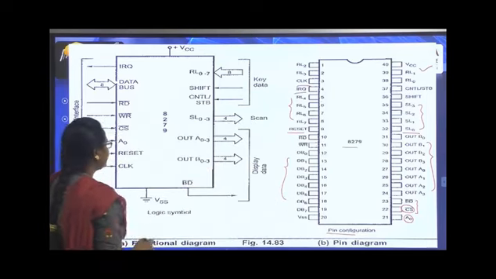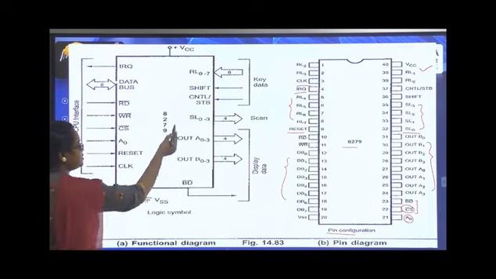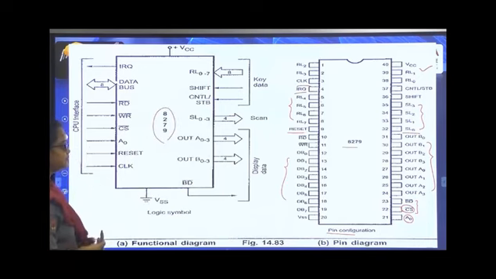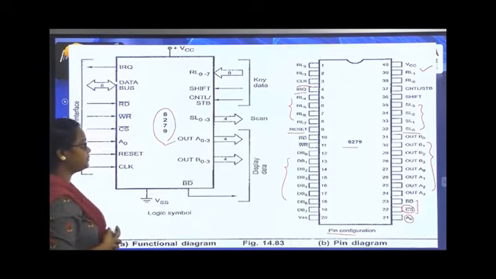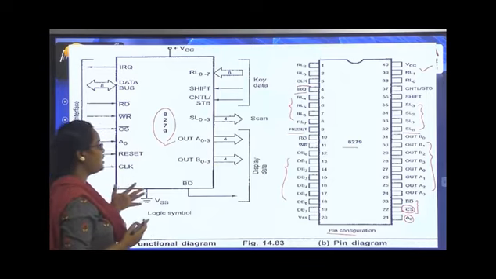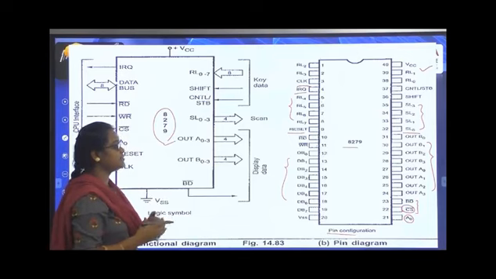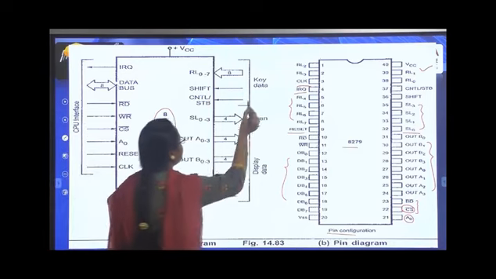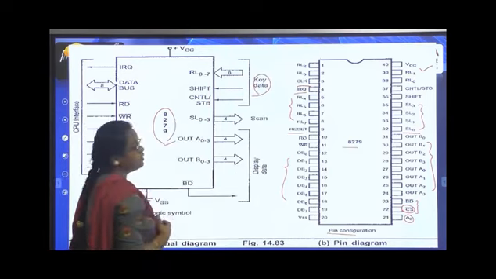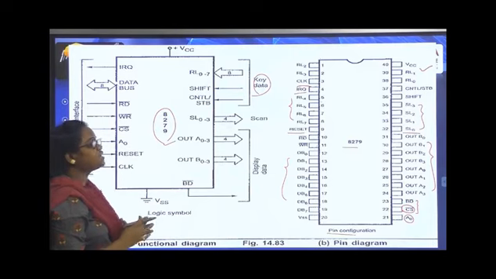See here, this is the pin diagram. This is the logic symbol for the 8279, and we are going to implement this logic design by using this IC. Whenever we press the keyboard, the key data comes in through the pins RL0 to RL7, that means the rows in the keyboard.